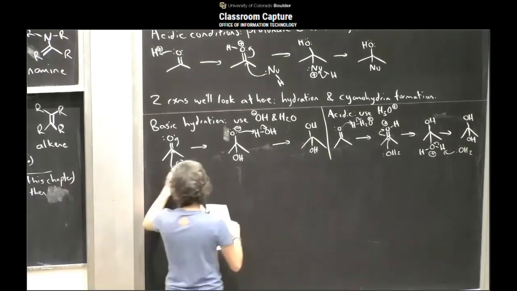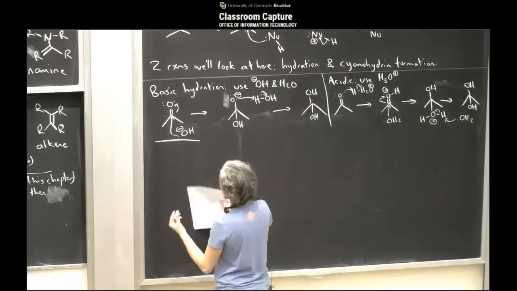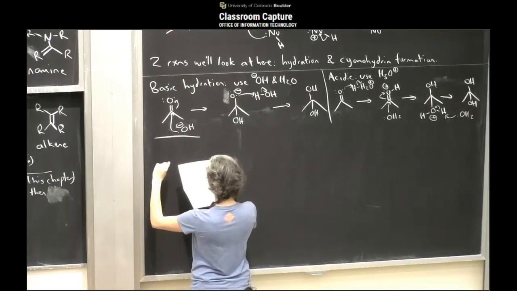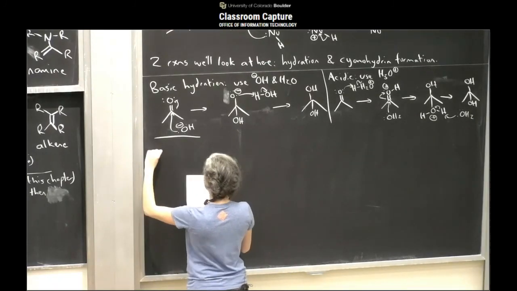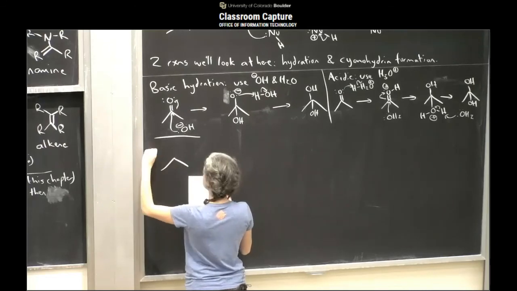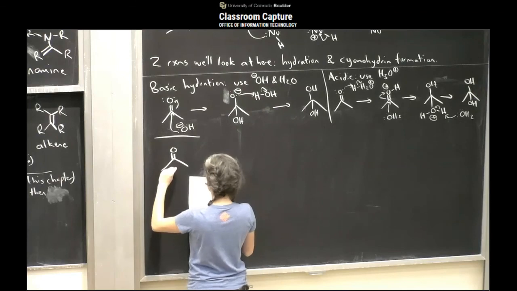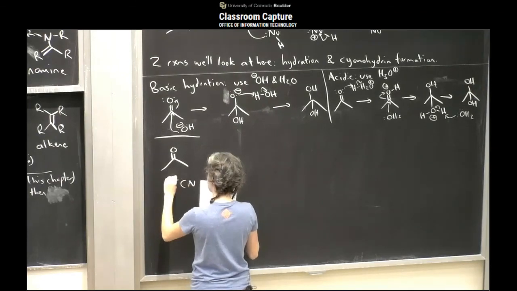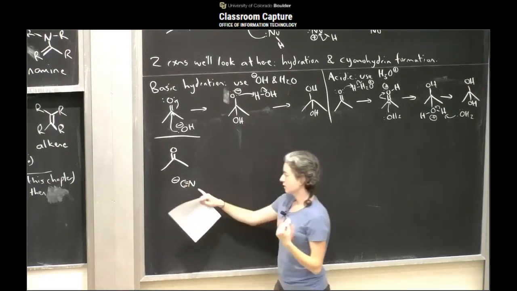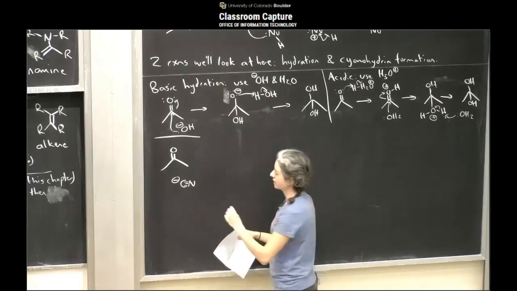Okay, so if we use cyanide as the nucleophile, we can use C triple bond N with a minus charge.